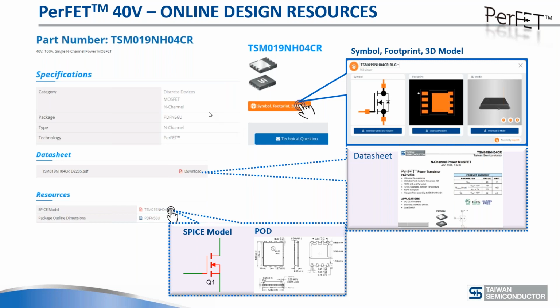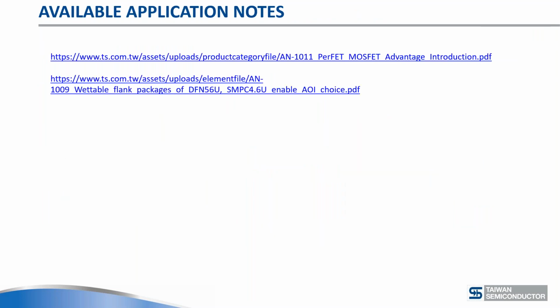We have two more things I would like to briefly highlight. One is an application note comparing the PerFET split gate technology with the transition MOSFET, which is the previous generation. We have an extensive application note detailing all the advantages, which you can share with your customers.